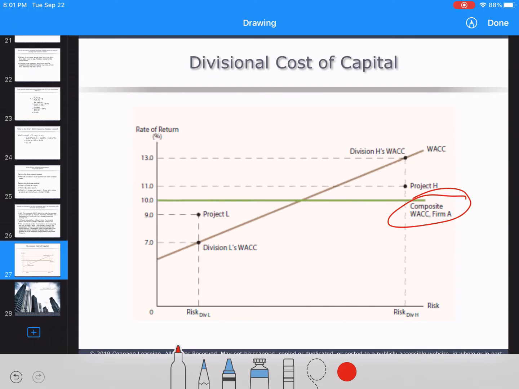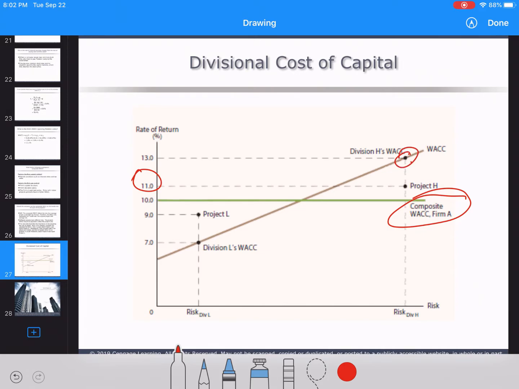Now one division which is doing very, very efficiently has a project which is 11%. But at this point in time, you see the weighted composite is right in here, 13%.